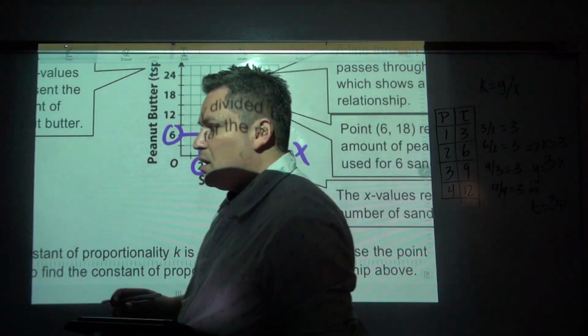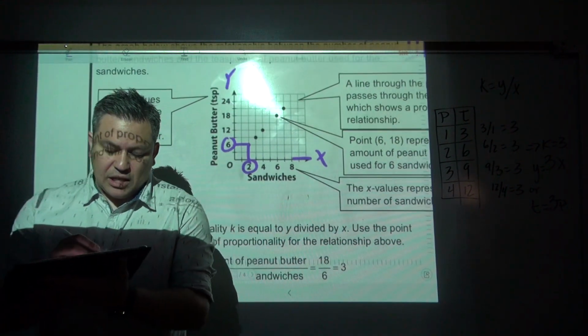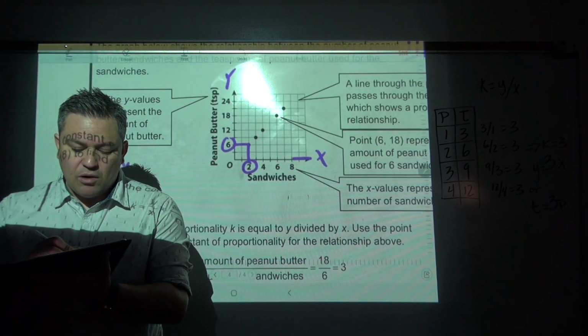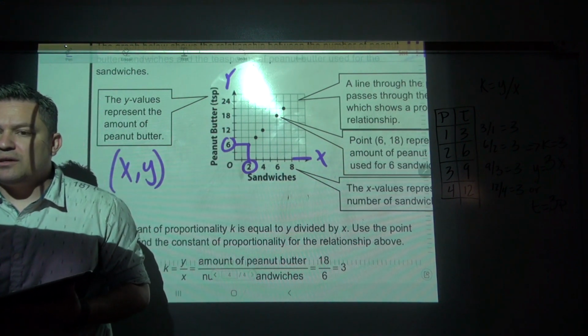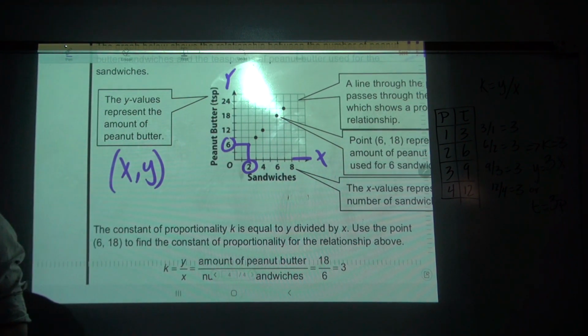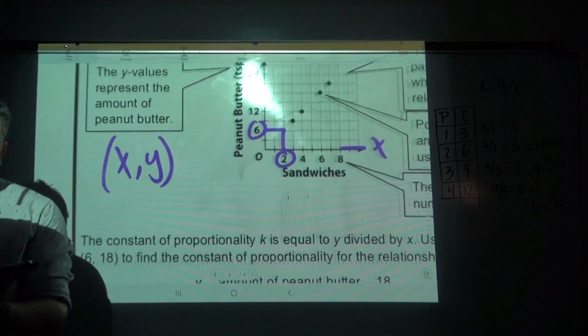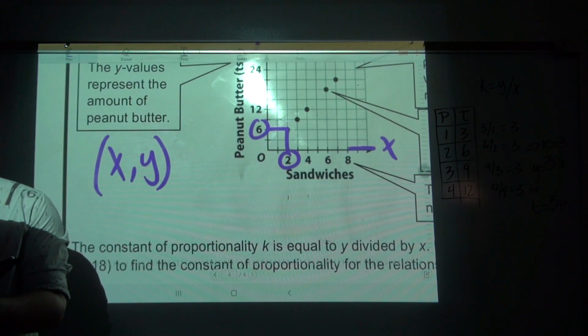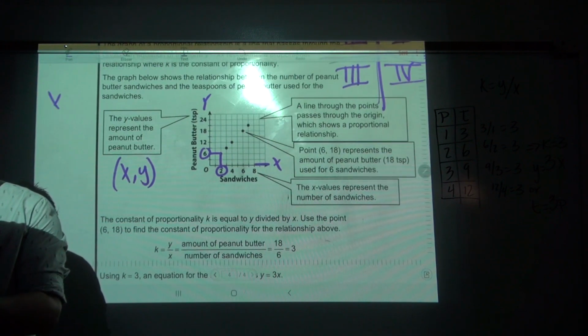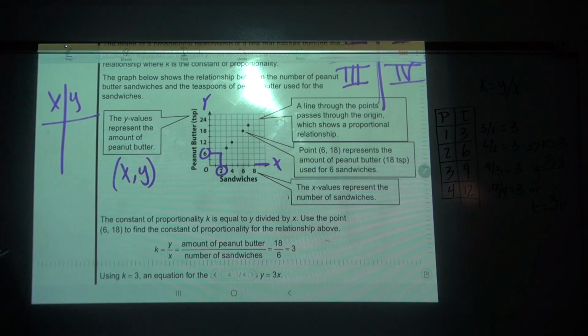Okay? Now, ordered pairs are given in the form of X, comma, Y. Y'all remember this from 6th grade? Some of you do? Well, y'all need to remember. X always comes first, just like we were talking about with the tables. It's the same thing.